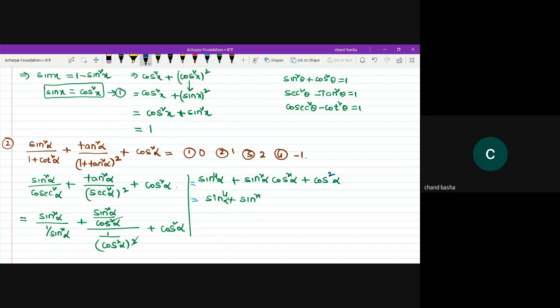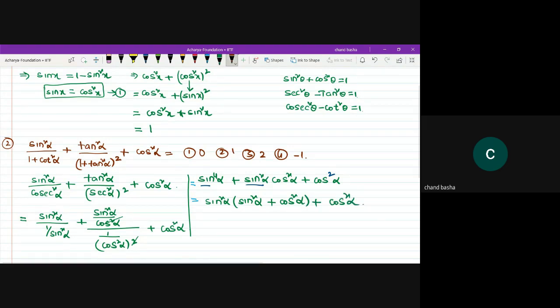So from the first and second terms, let us take sine square alpha as common. Then what happened to the rest of the part? The rest of the part will be sine square alpha plus cos square alpha, plus again cos square alpha, which is already there.